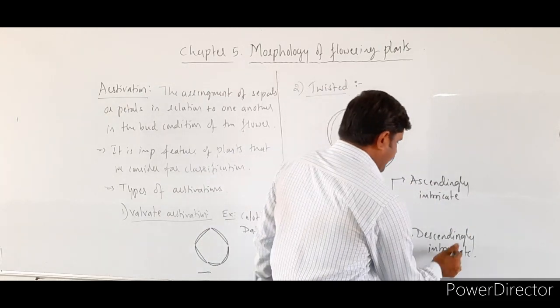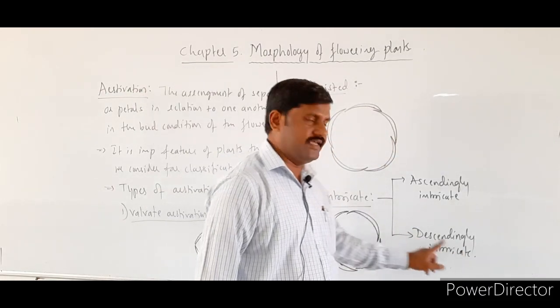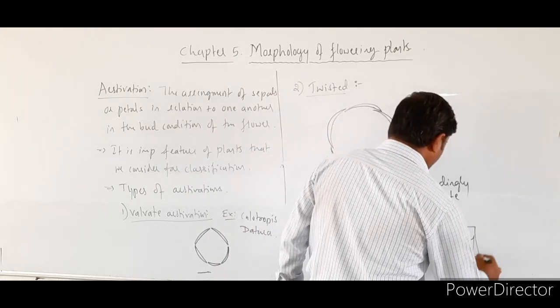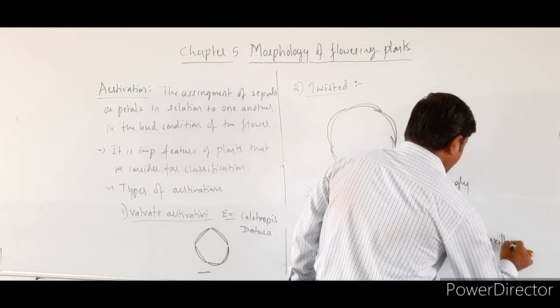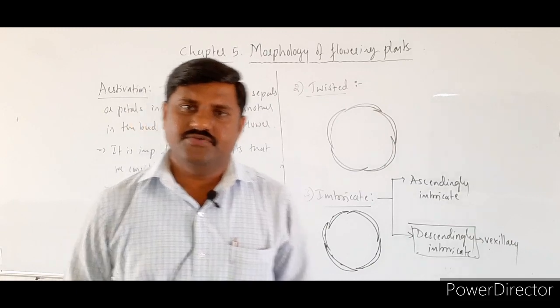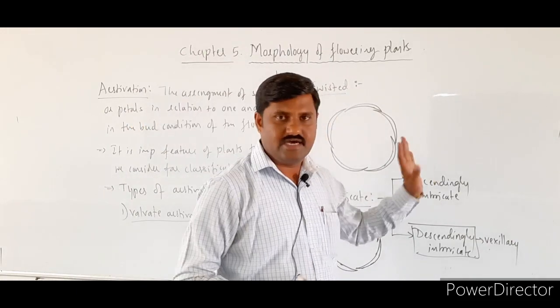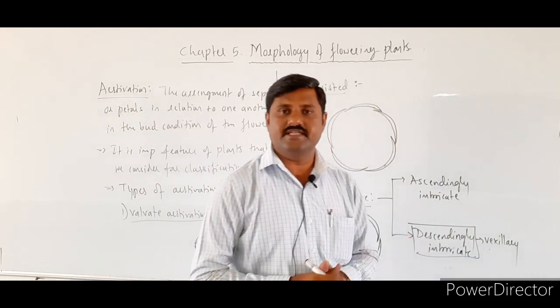One is ascendingly imbricate and the second one is descendingly imbricate. And this descendingly imbricate one is also known as vexillary estivation. The ascending one is not given in the syllabus, so the descending one is vexillary estivation.